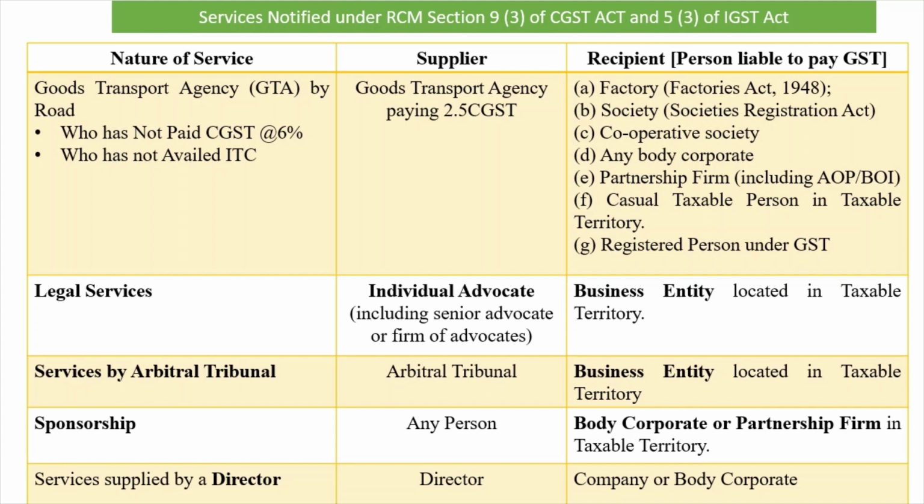Let us understand with the help of one example. Suppose ABC Limited availed service of XYZ Limited, that is a GTA. XYZ Limited is a GTA for transportation of goods by road from Vadodara to Mumbai. Now in this case GST will be paid by ABC Limited under RCM under section 9 subsection 3, since it is liable to pay freight for transportation of goods.